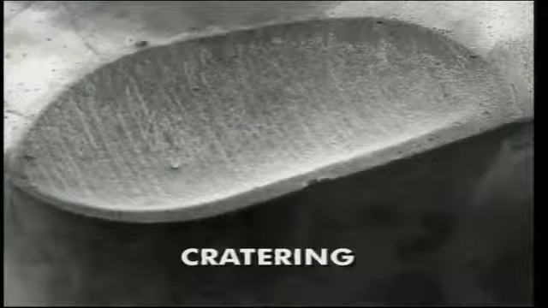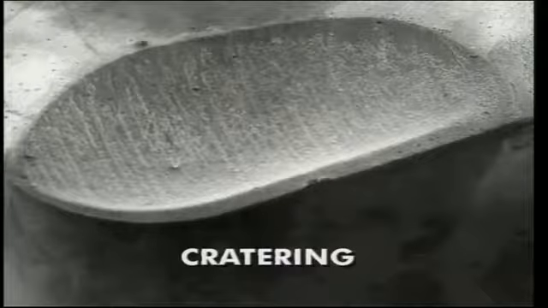Cratering, or top wear, behind the cutting edge occurs commonly in machining long chipping steels, from abrasion and diffusion wear. If the crater grows large enough and contacts the cutting edge, the tool fails immediately. To combat cratering, use hard grades of carbide with tantalum carbide or titanium carbide and hard coatings such as aluminum oxide or other materials such as cermets or ceramics.